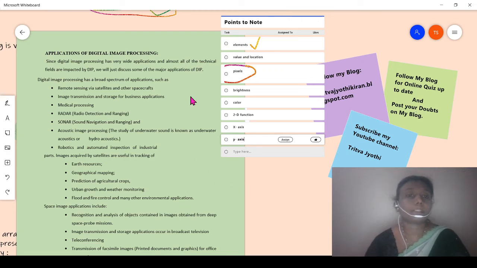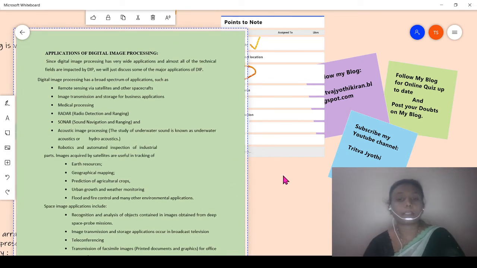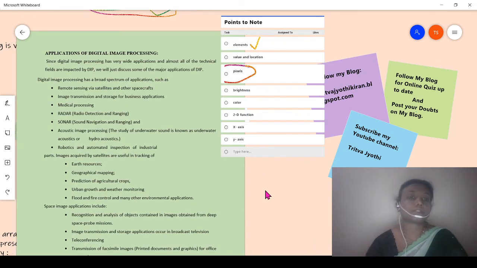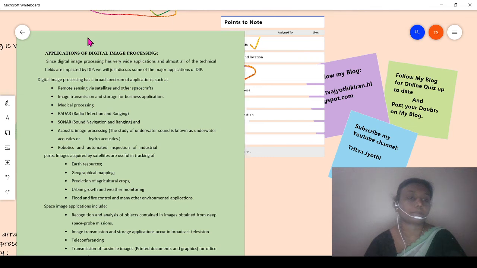Then coming to the applications, image processing plays a major role in all technical and widespread application areas. Here I'll show a few major applications of image processing.